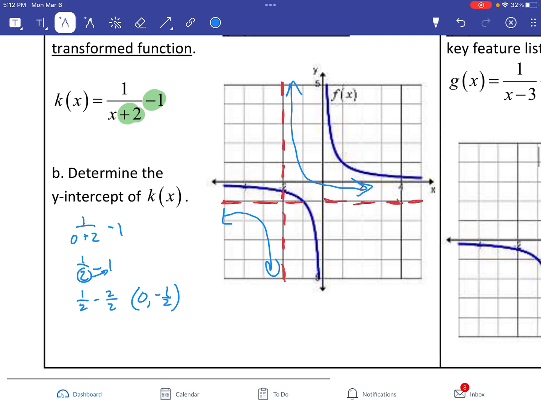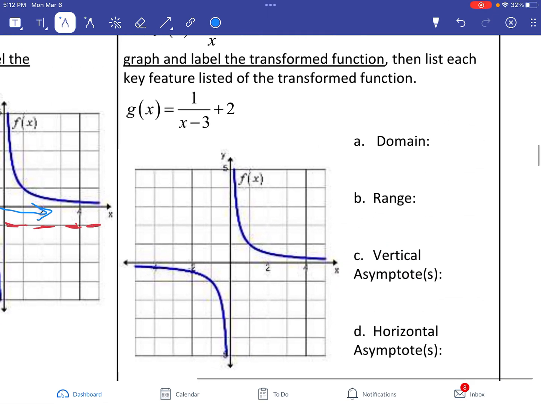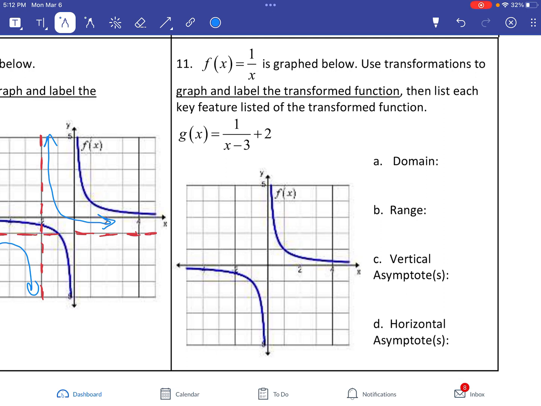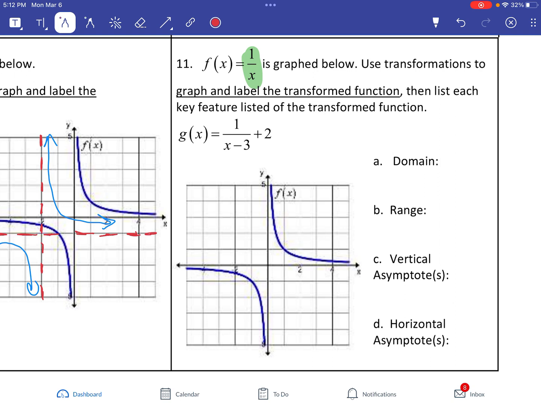All right. Question number 11. Same idea. We are graphing 1 over x. We want to regraph or change the graph based on its transformations. So we have a couple things going on here. We have the -3, which is a horizontal shift, which moves your vertical asymptote 3 spots to the right.